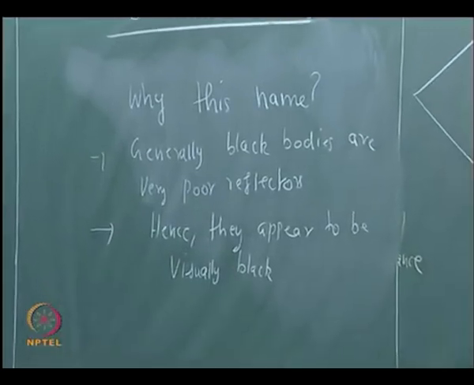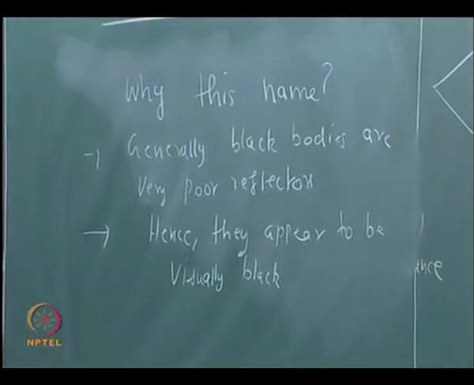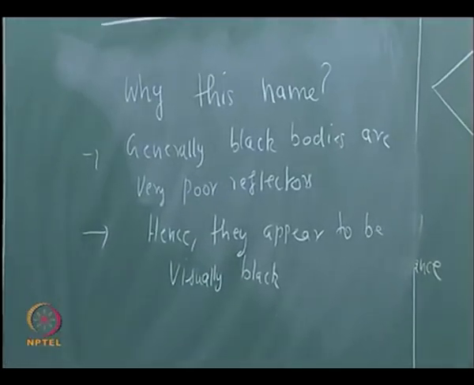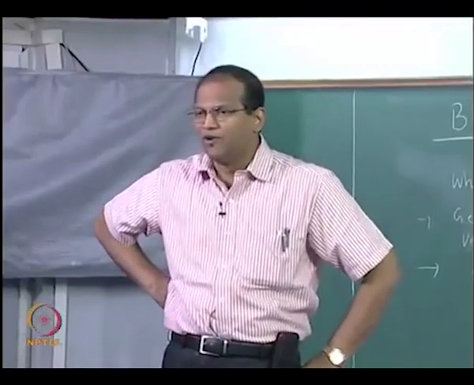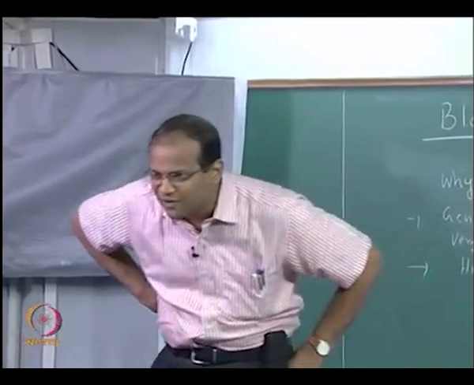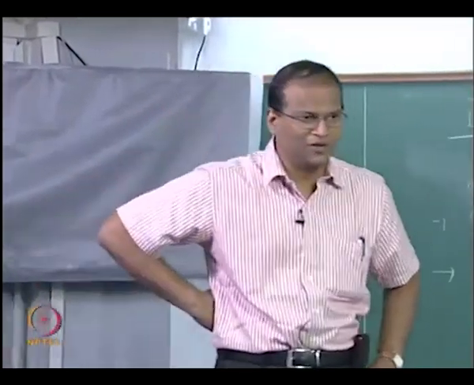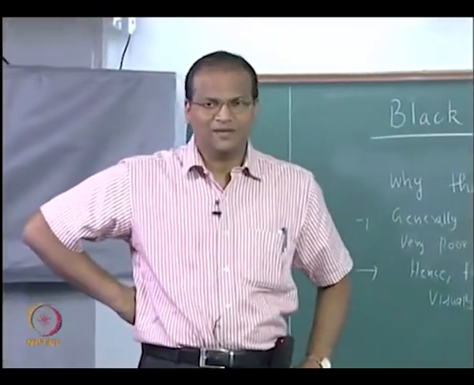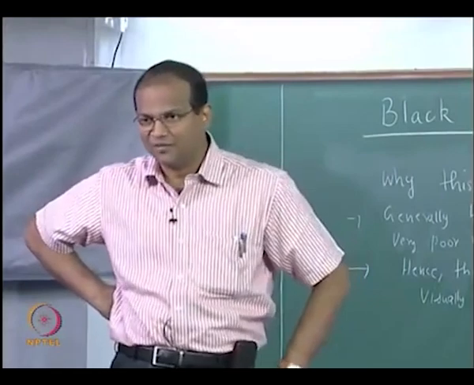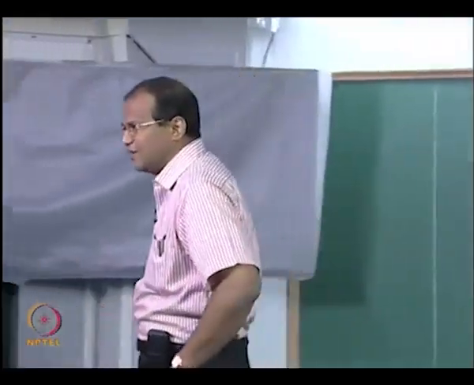But the eye is a very poor instrument to detect radiation, because you can detect only in a very narrow range of 0.4 to 0.7 micrometer. So it may be very black between 0.4 to 0.7 micrometer, but in other parts of the spectrum, what is the story? You need a spectrometer to find out its behavior.